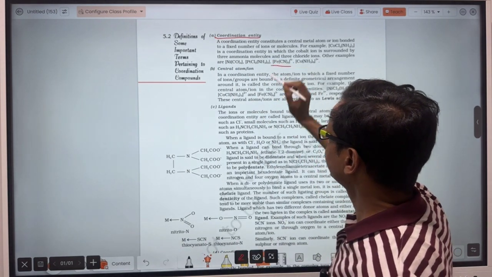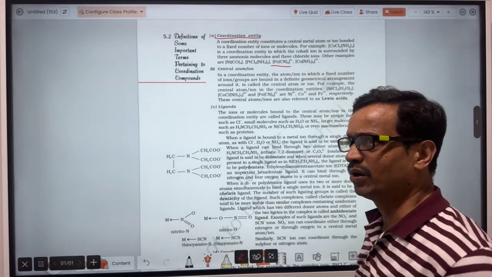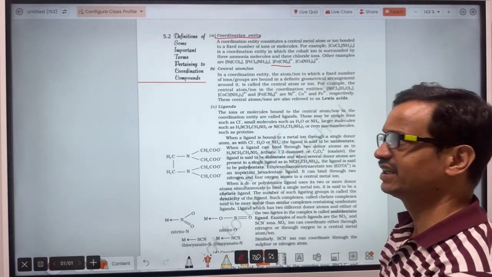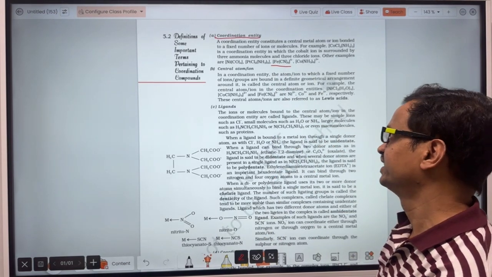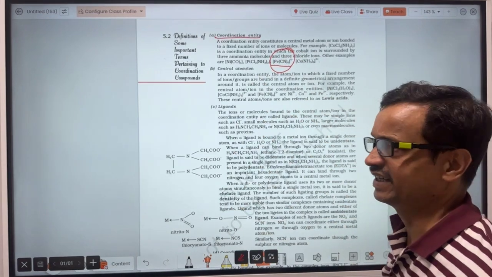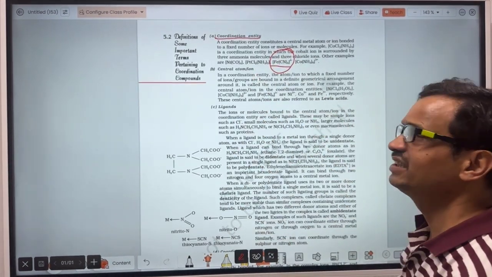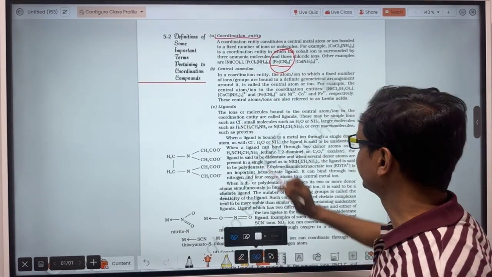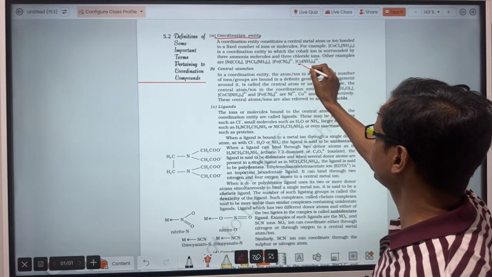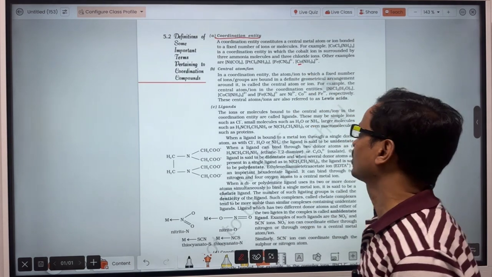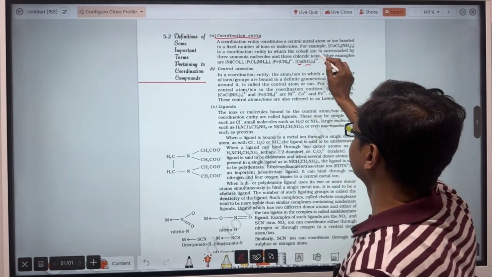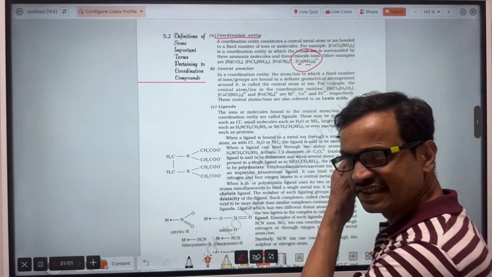Here iron is the central atom or ion, CN minus, the cyanide ion, is the ligand, and as a whole [Fe(CN)6]4- is a coordination entity. In the next example, [Co(NH3)6], cobalt is the central atom or ion, the ammonia molecule is the ligand, and as a whole it is a coordination entity.